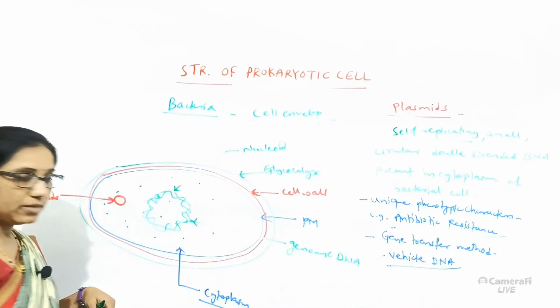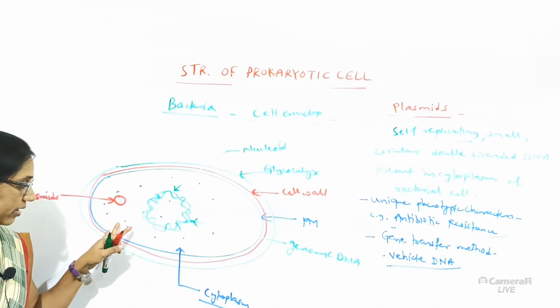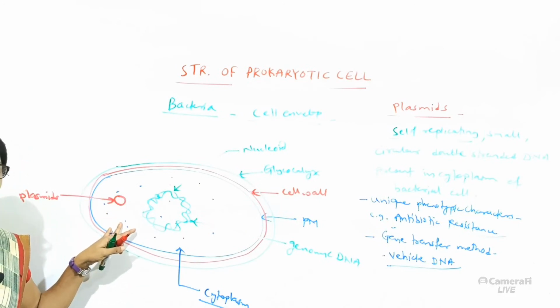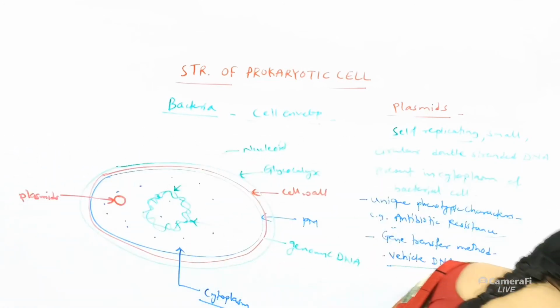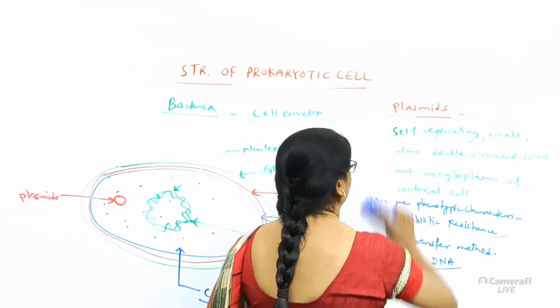Then the next part that is present inside the bacterial cell is the ribosome. So the next one is the ribosomes.